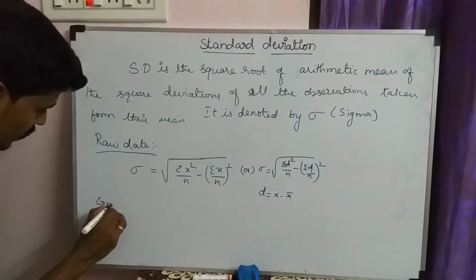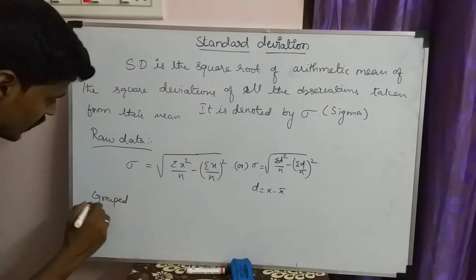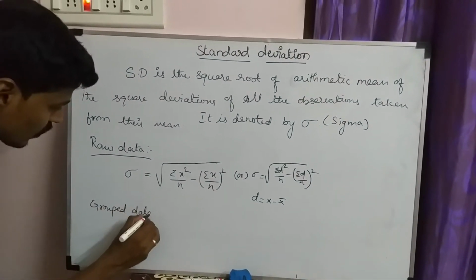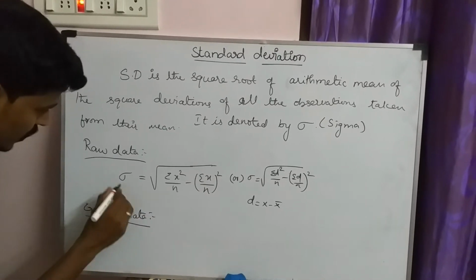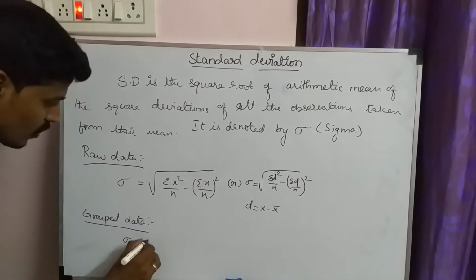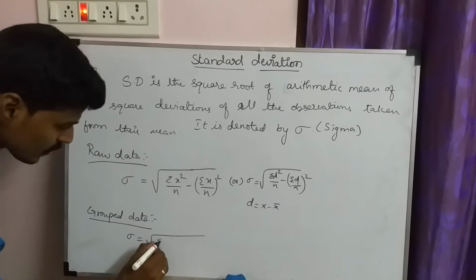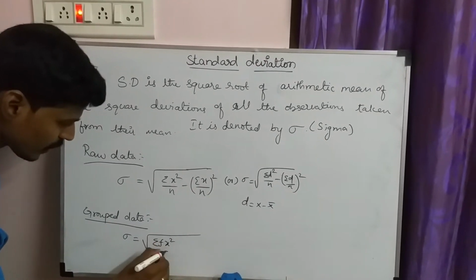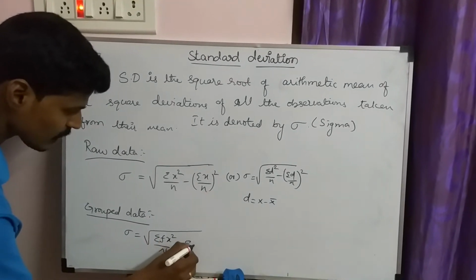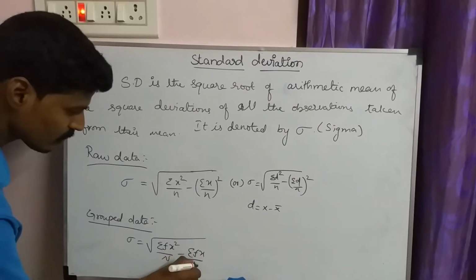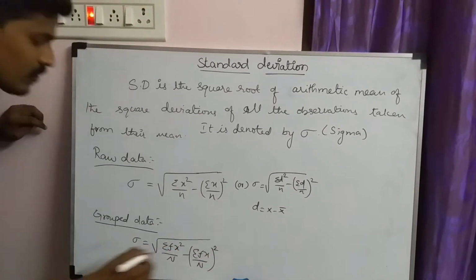See, group data or discrete data. The group data formula is sigma equal to the square root of summation fx squared by n minus summation fx by n to the whole square.